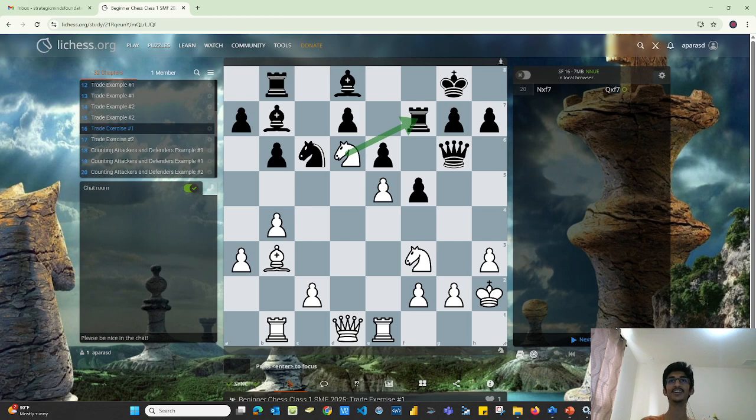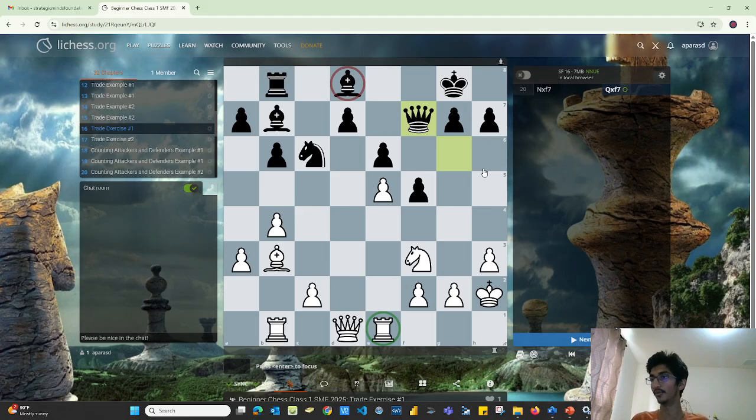It is a good trade, and it's a good trade because when white captures the rook, white gets 5 points, and then when black captures the knight, black only gets 3 points. And then if you look at the board afterwards, everything else is almost the same except white has a rook and black has a bishop, so white is up 2 points of material.